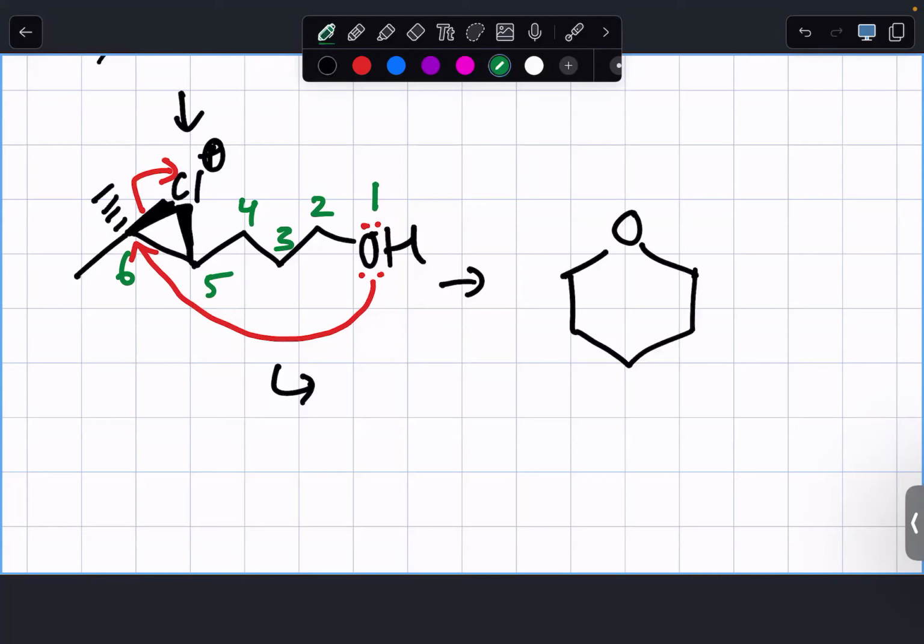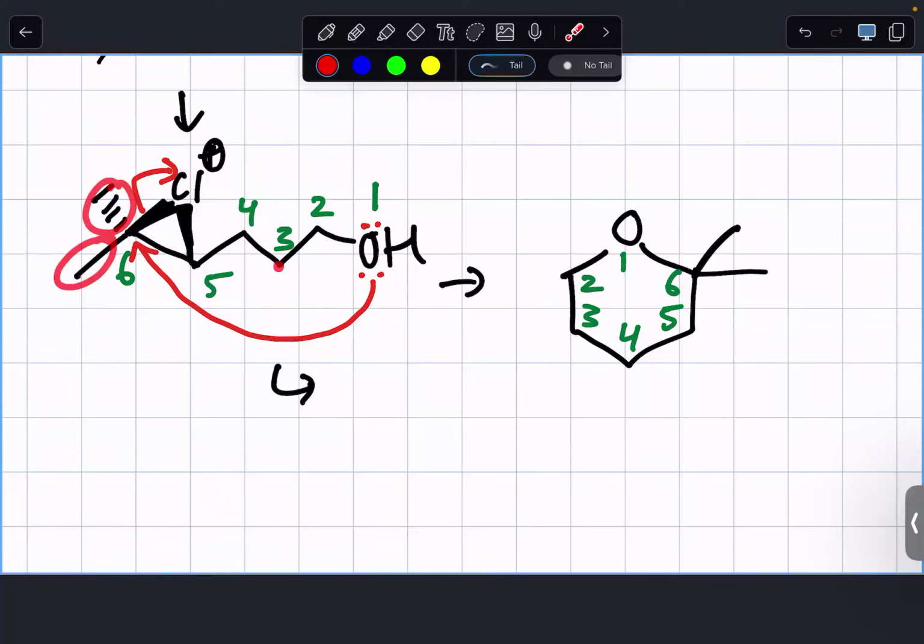That is a template of our answer, where there's a 6-membered ring and the first atom is oxygen. We see at carbon 6, there are 2 methyl groups, which are right here, 1 and 2.